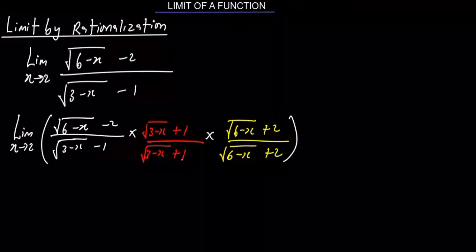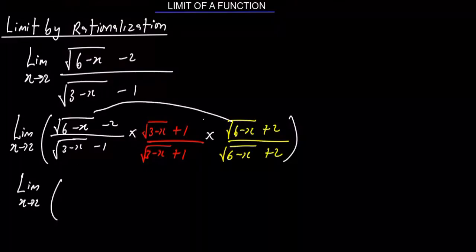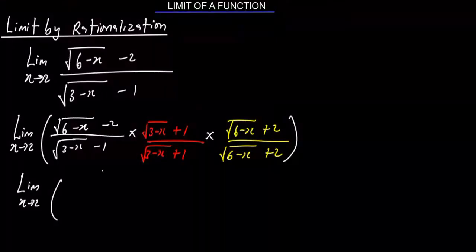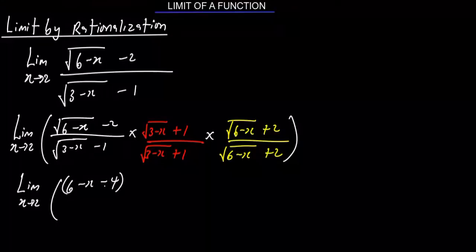Okay. So did you see? Now, let us multiply out. This is how you should multiply this. You see, multiply this part and this one. So when you multiply that out, this is what you will get: 6 minus x, then minus 4. Please let me write that neatly.